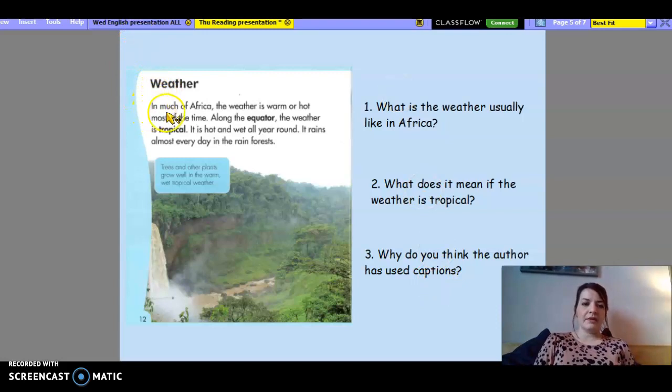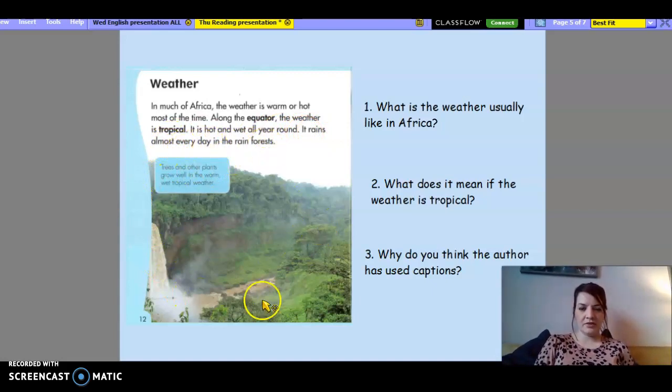Weather. In much of Africa, the weather is warm or hot most of the time. That's what I thought. Along the equator, the weather is tropical. Oh, there's that word tropical. It is hot and wet all year round. It rains almost every day in the rainforests.